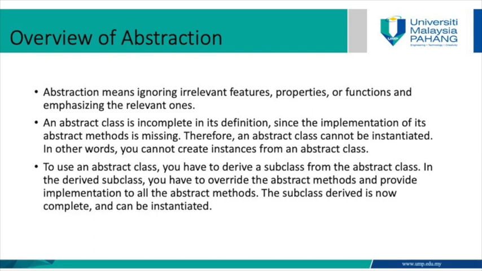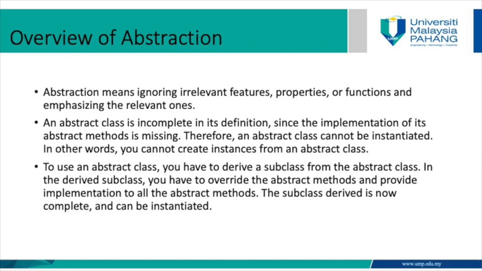Okay, so how can we use this abstract class? You have to derive a subclass from the abstract class. You can ambil the subclass, the child class, get it from the abstract class.